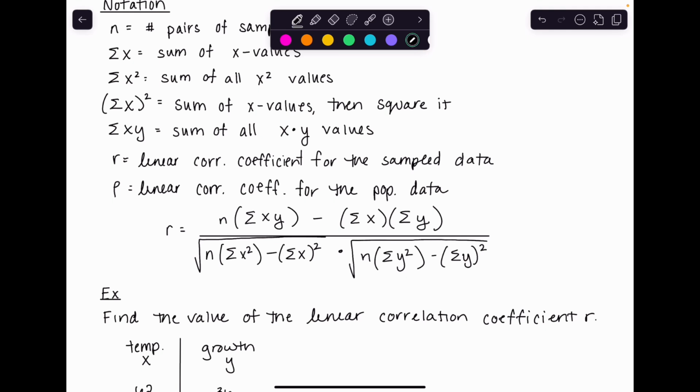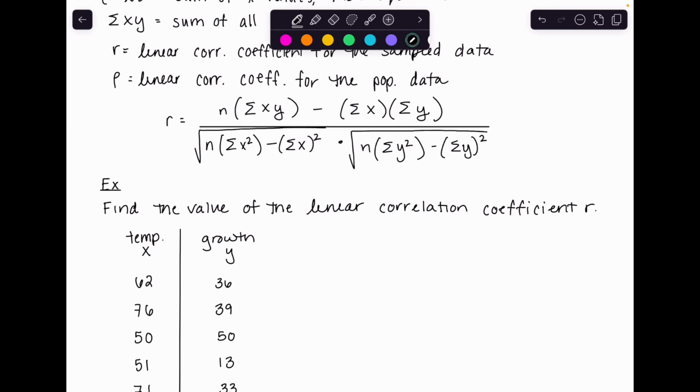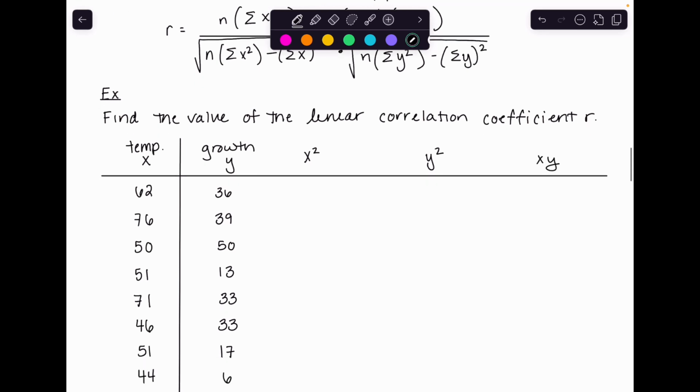Okay. So again, we are just going to do a single example by hand where we are going to find the value of the linear correlation coefficient r. So we have x and y values and we have a ton of them. So what I'm going to do is create a big table. I need to sum up x squared values, y squared values, and xy values.